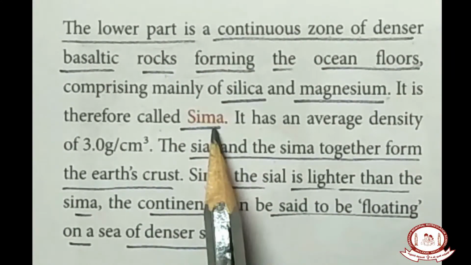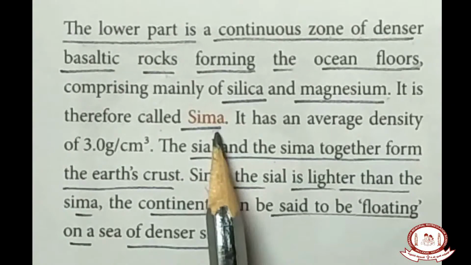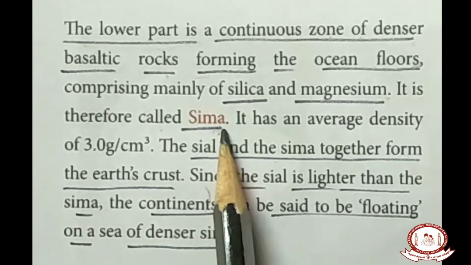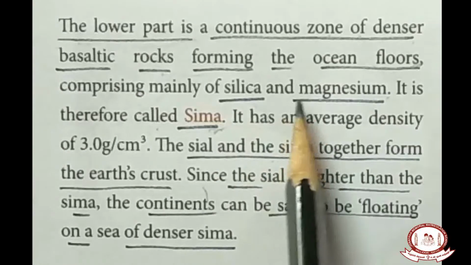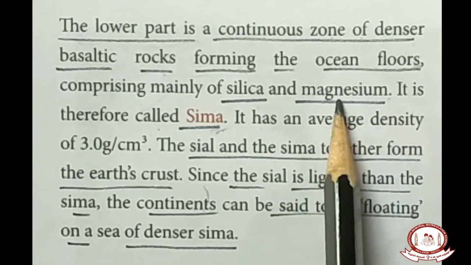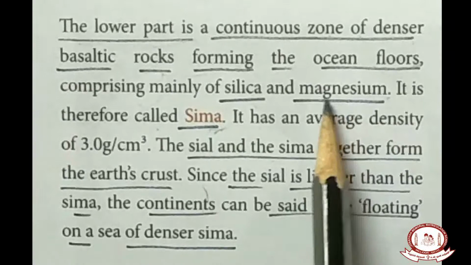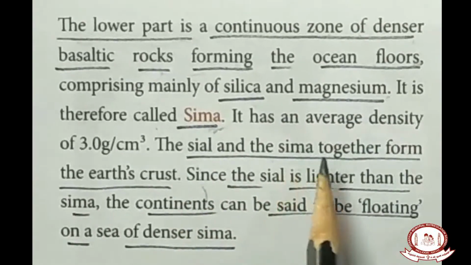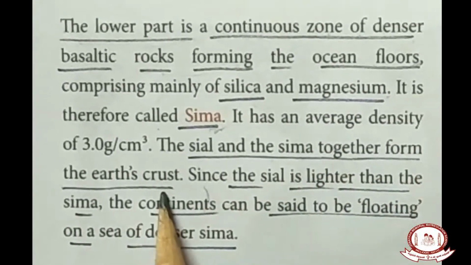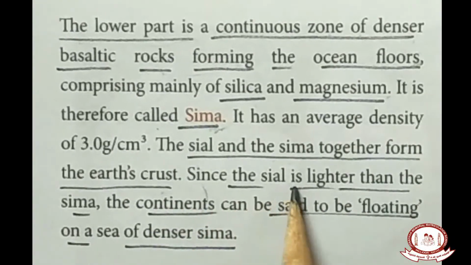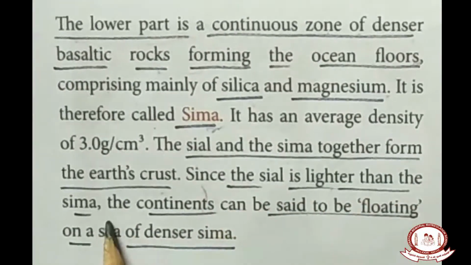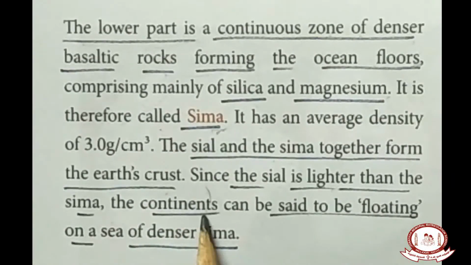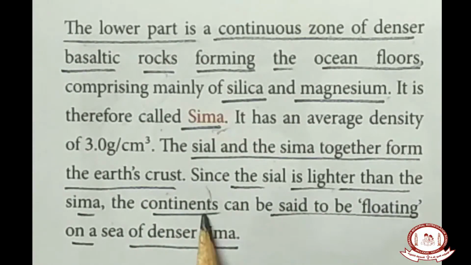Do you understand, children? It has higher density. The oceanic crust comprises mainly silica and magnesium, and this is the very dense crust. So Sial and Sima together form the earth's crust. Since the Sial is lighter than the Sima, the continents, we have 7 continents: Asia, Europe, Africa, Australia, North America, South America and Antarctica.